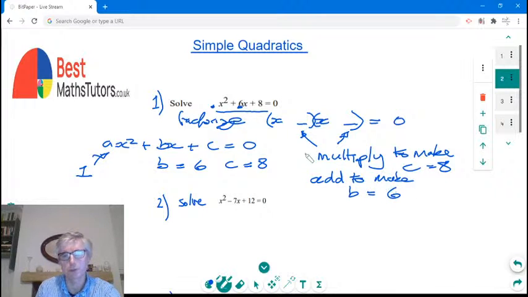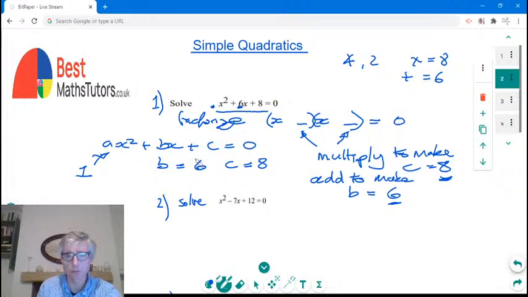So we're looking for two numbers which are going to multiply to make 8 and add to make 6. We just have to do a bit of messing around with numbers until we can find that. But we can see that 4 and 2 would multiply to equal 8, and they would add to equal 6.